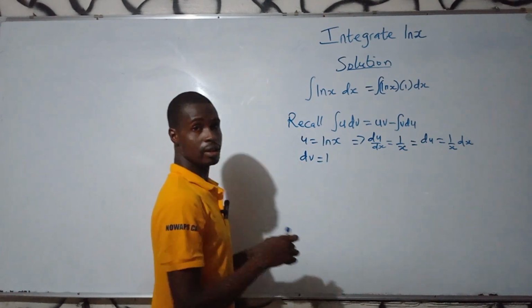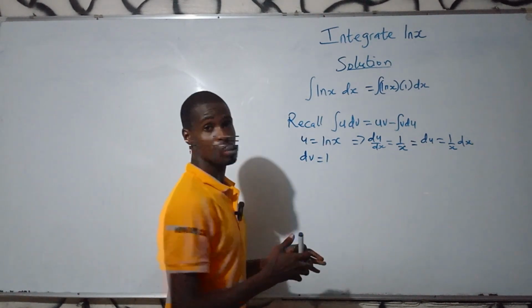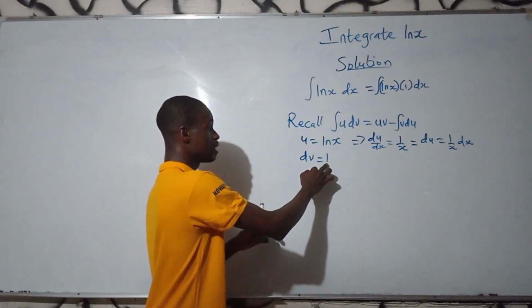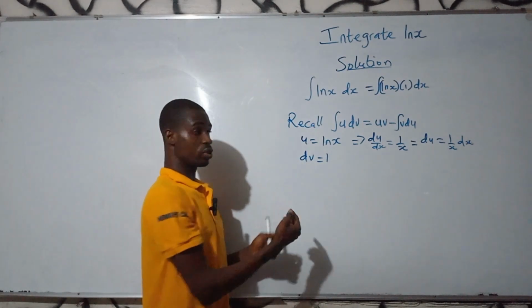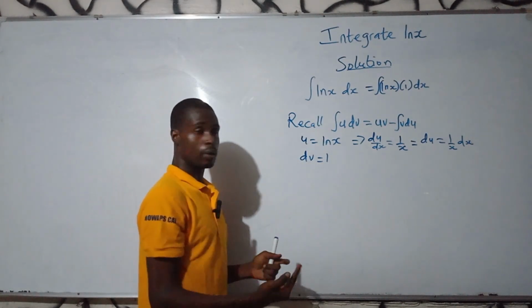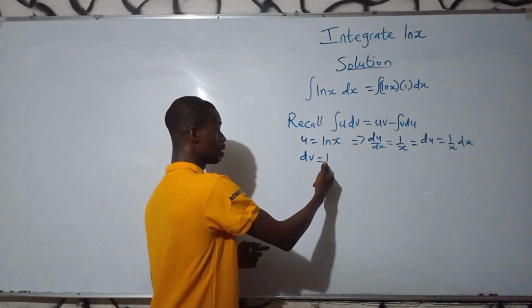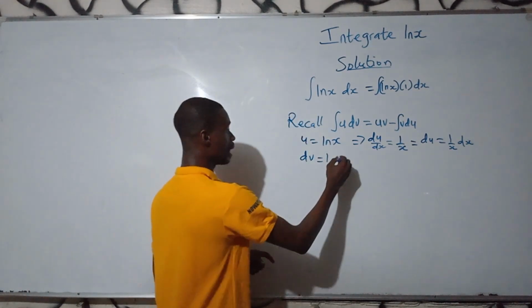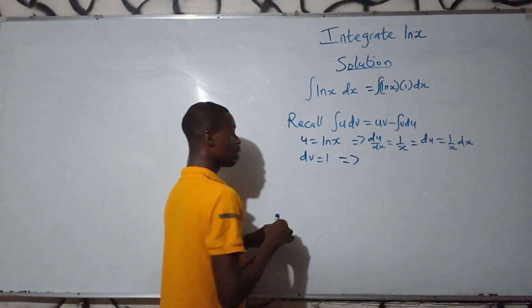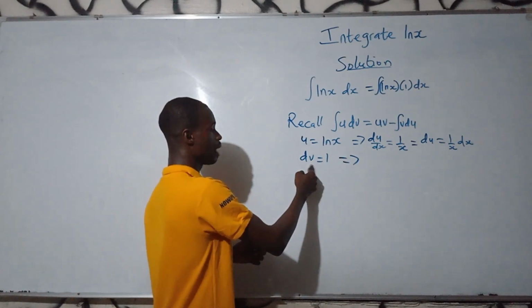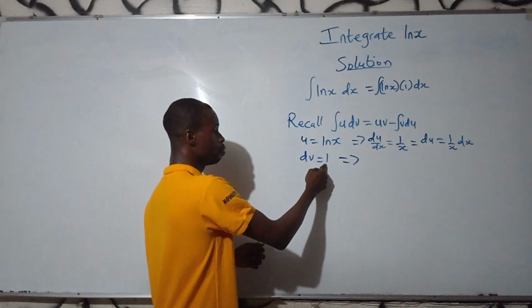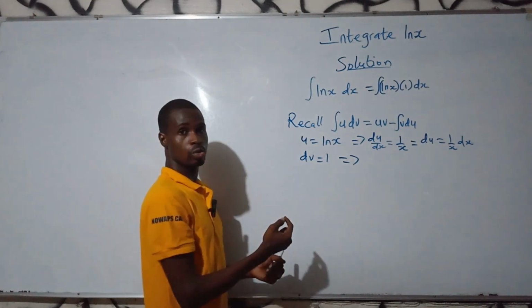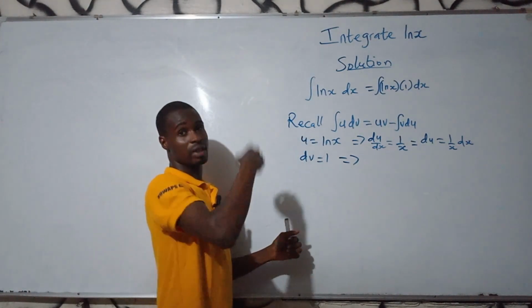When we are saying dv is equals to 1, we are assuming that we have differentiated something before to give us 1. So therefore, we are going to integrate this back to what we differentiated. You understand that now? Whenever we are integrating, what we get is what we have differentiated.